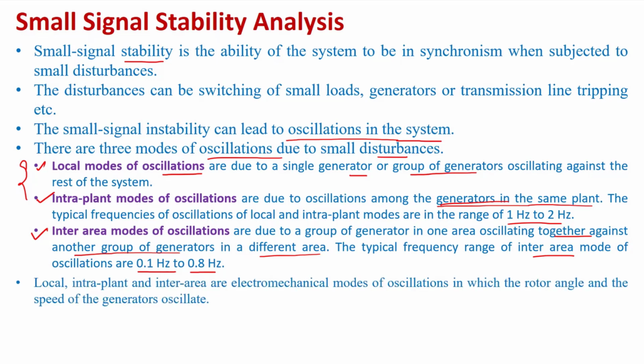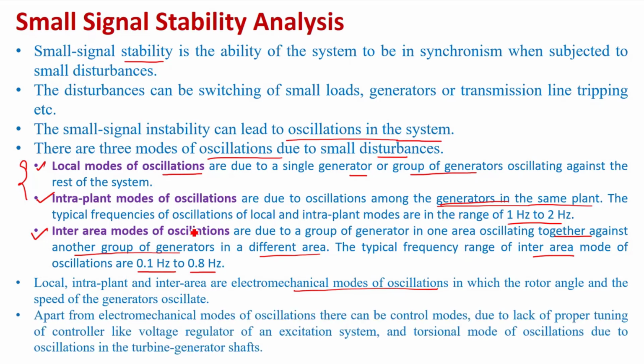So local, intra-plant and inter-area are electromechanical modes of oscillation. These are electromechanical modes of oscillation where we see the rotor angle and the rotor speed of the generator oscillate.